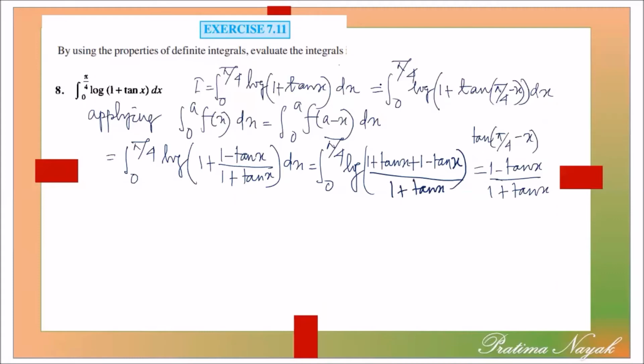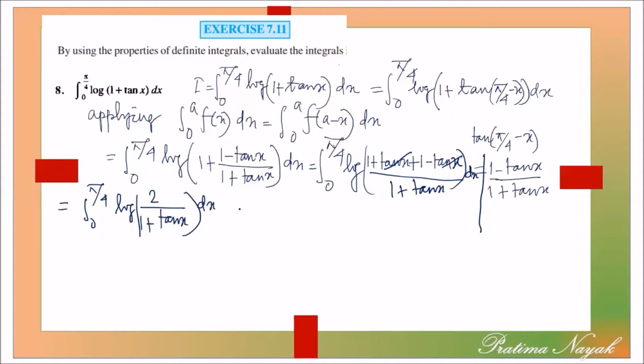Now see, tan x cancels and dx will be there. So in the next step, it will be integral 0 to pi by 4 log 2 by 1 plus tan x dx.